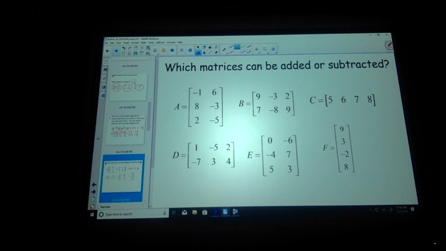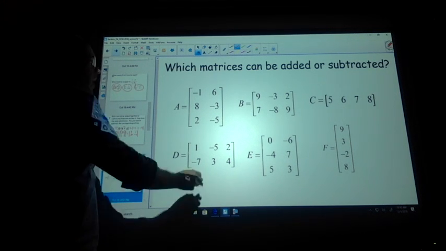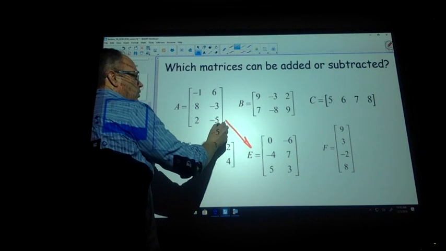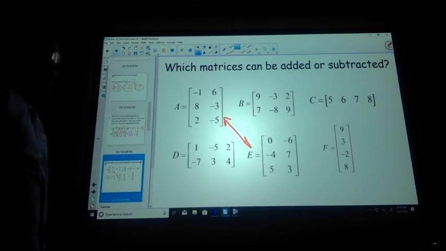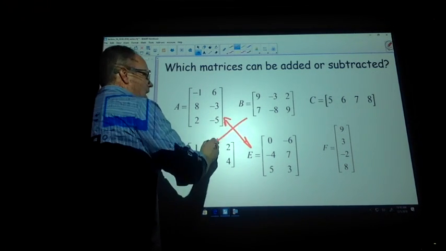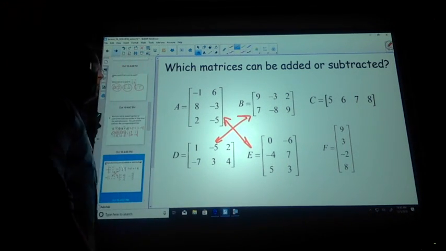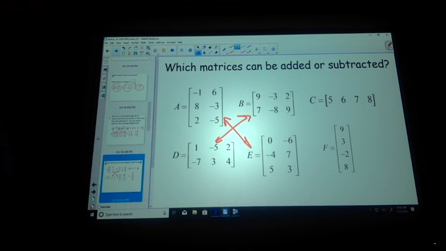All right. So which matrices can be added and subtracted? Well, I could add A and E, these two together, D and B, and then I have a 2 by 3, and these can be added together, and then C and D. And then C and F cannot be added or subtracted because C is a 1 row by 4 column, and F is a 4 row by 1 column. So you can't just flip it on its side.